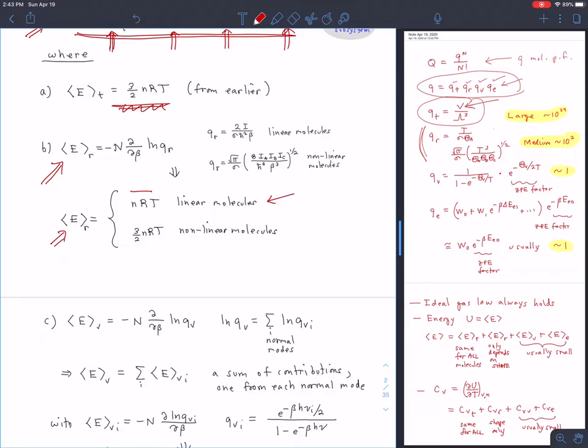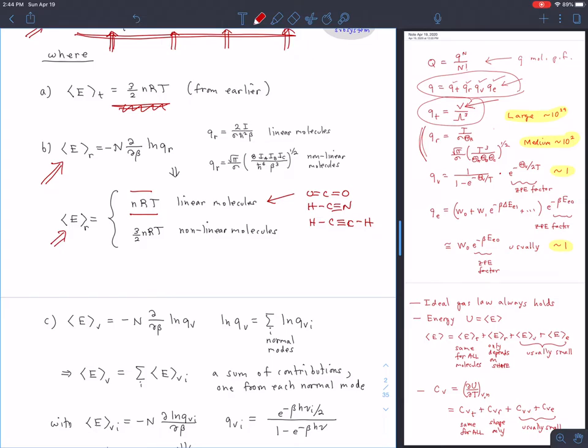All the diatomics have to be linear, or polyatomics like CO2 that are also linear. This case applies to all those cases, or let's say HCN. All linear triatomics, or things like acetylene, for example, which is also linear. All those molecules, this case applies.